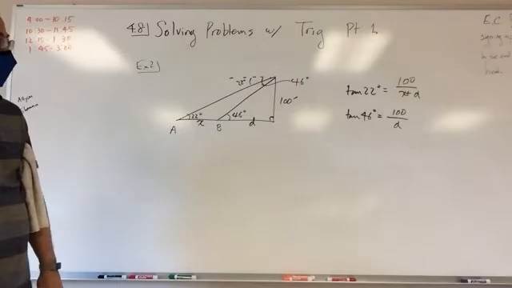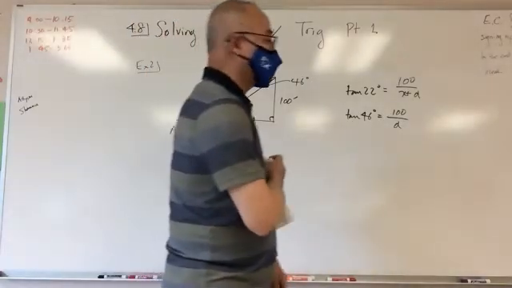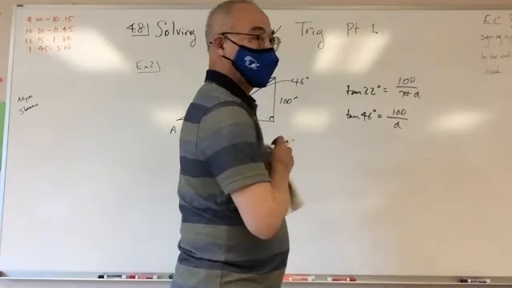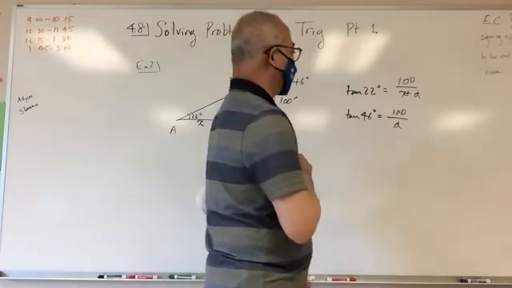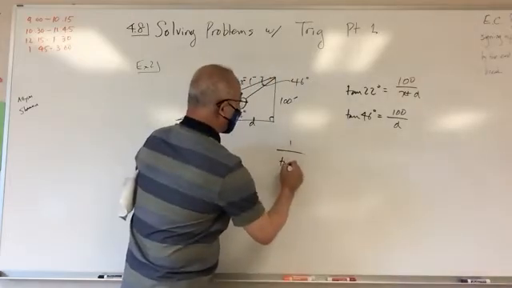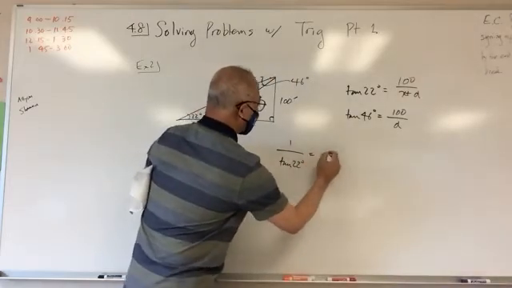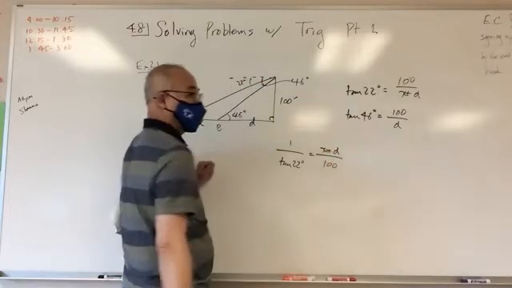I could do it either way. Let's go ahead and do the trick that I taught you earlier. 1 over tangent of 22 degrees is equal to x plus d over 100.